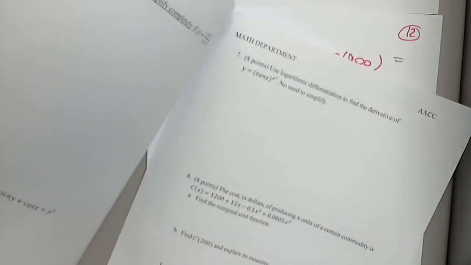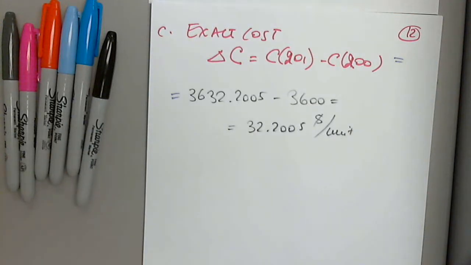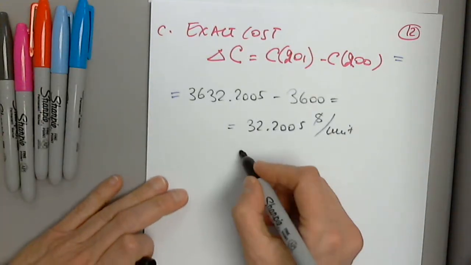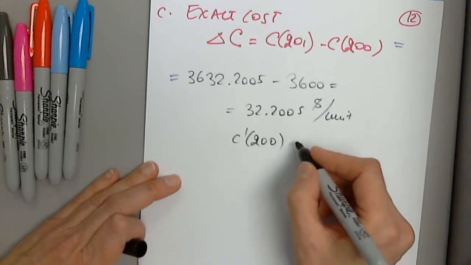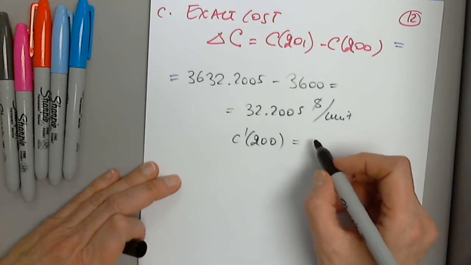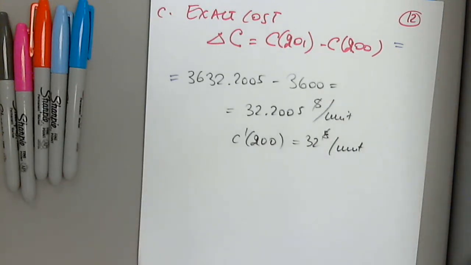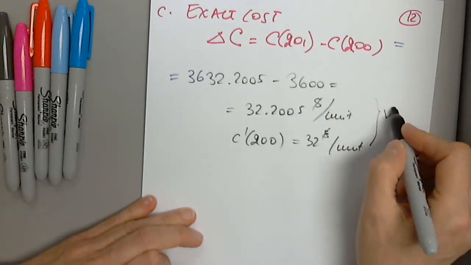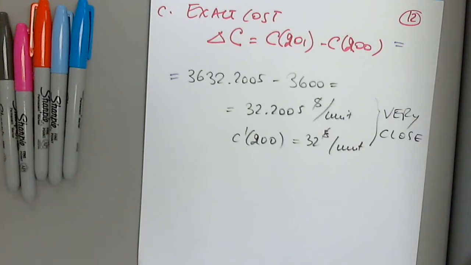You don't have to compare your answer with the cost. So I'm going to say as a comparison, the C prime of 200 is $32 per unit, which says that they are very close. Do you not subtract?